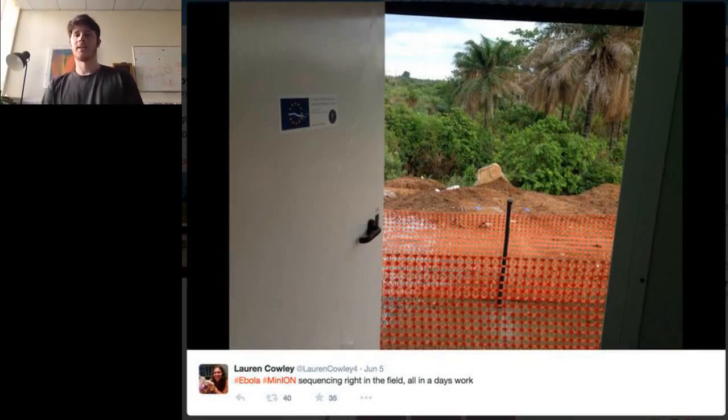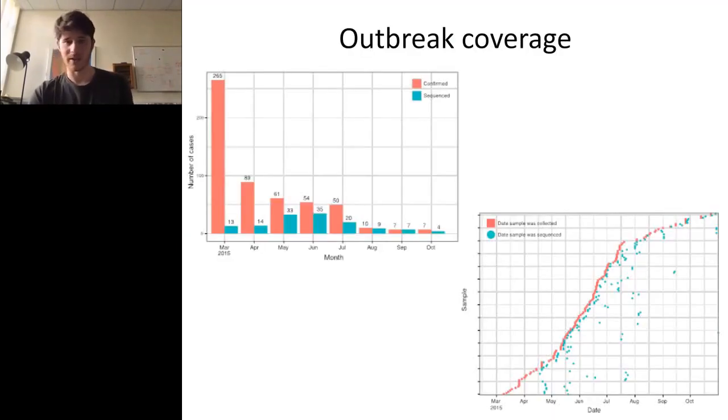And just to illustrate how remote the actual sequencing was, you can see this picture from Lauren Cowley, who was working in the lab, taken directly out the window looking into dense jungle. So you can see that this was genuinely right in the field, and it was enabled by the 3G connection to upload the data, which I mentioned earlier.